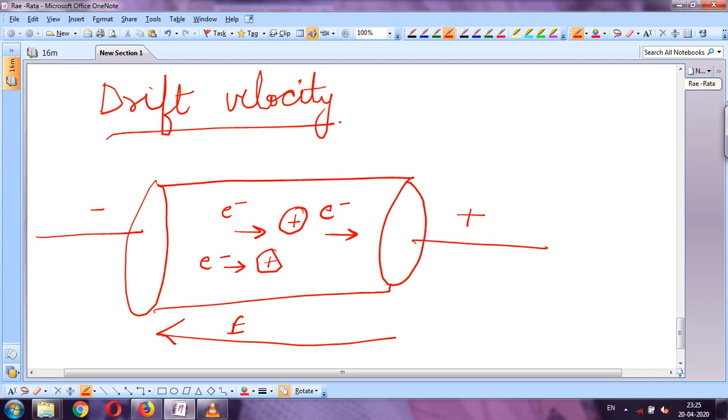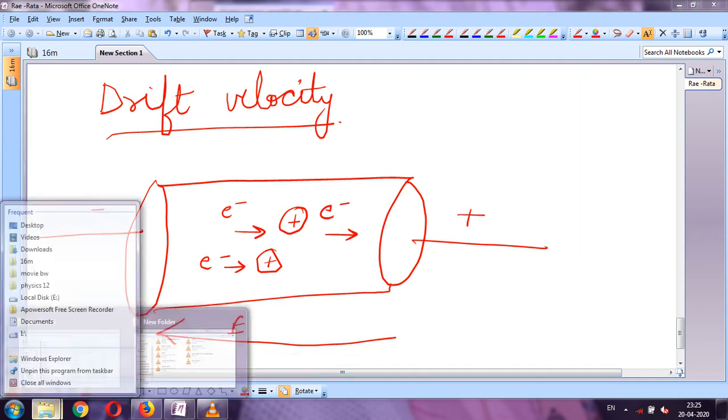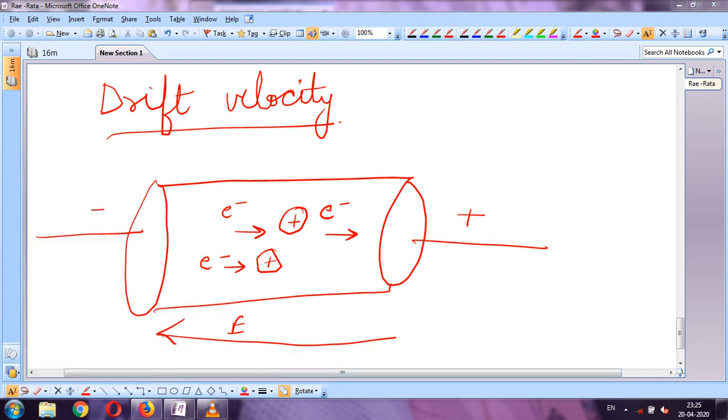Now with the help of all these things, I can say that when electrons collide with these positively charged particles, you will see that their velocity becomes zero, and after collision they again start accelerating and will gain some velocity, and again after collision their velocity becomes zero.